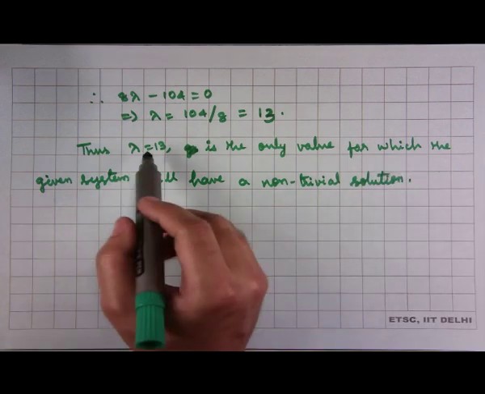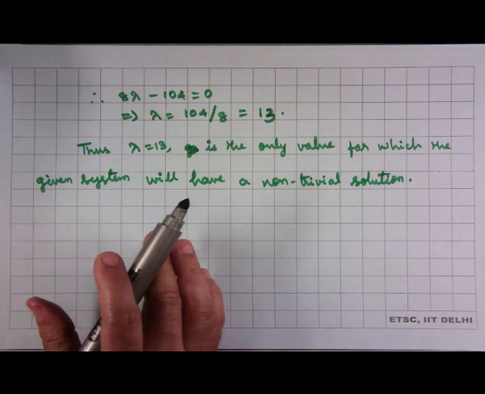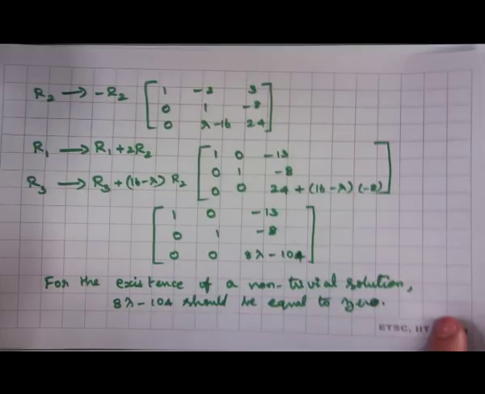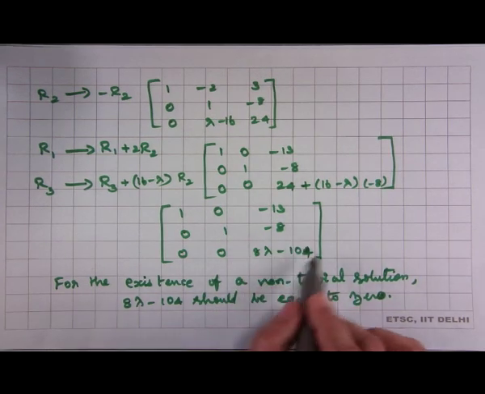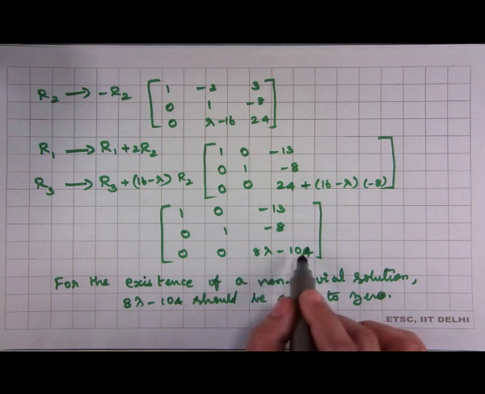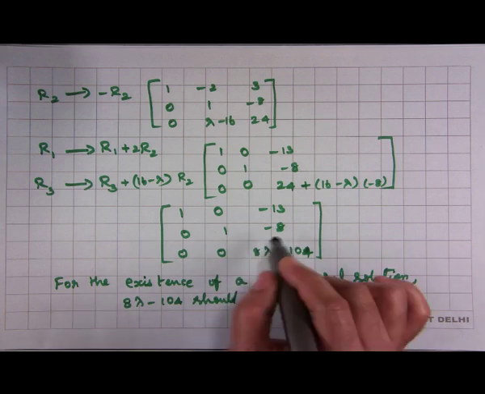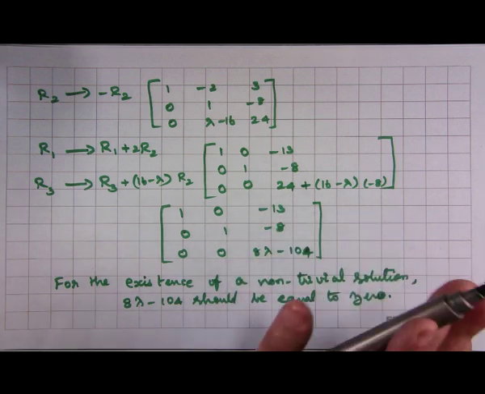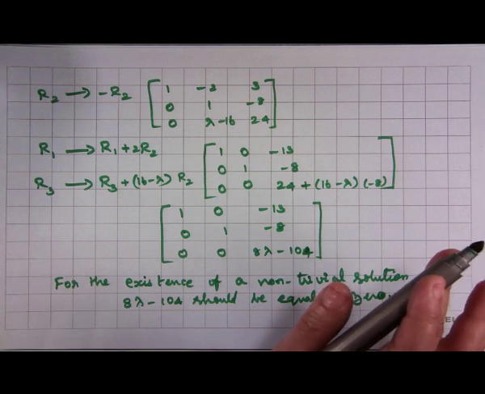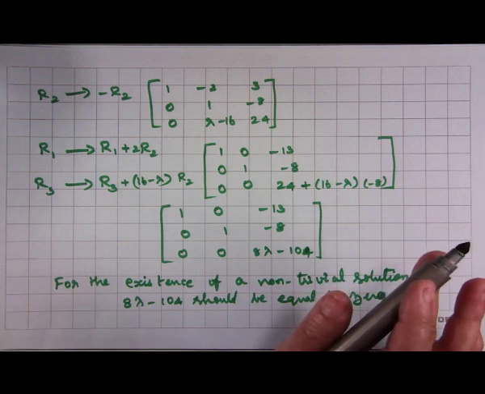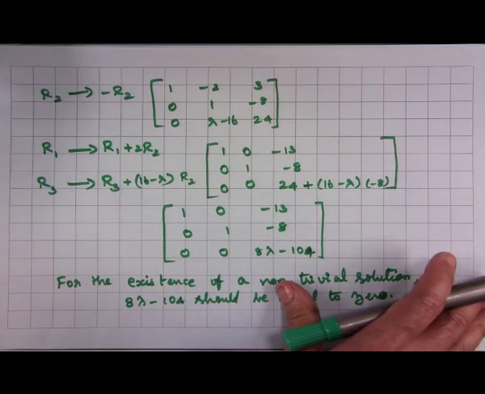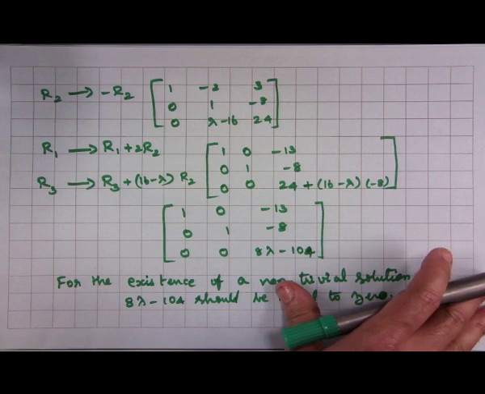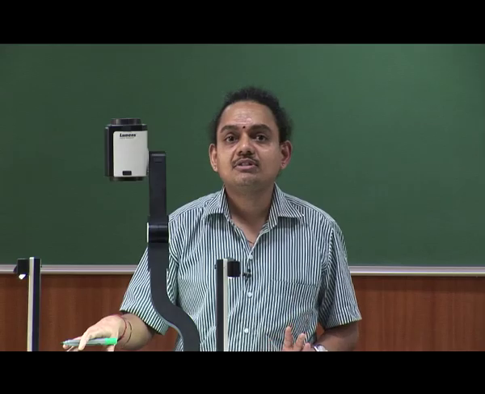So, if lambda is not equal to 13, if you just look at the previous one, this 8 lambda minus 104 is going to be non-zero. So, you can divide by that because it is non-zero and you will get 1, and you can make the other things into 0. So, what you will end up with is a trivial solution, because what you will have is an identity matrix. In that case, the only solution that you get is just going to be the 0 0 0 solution, which is a trivial solution.